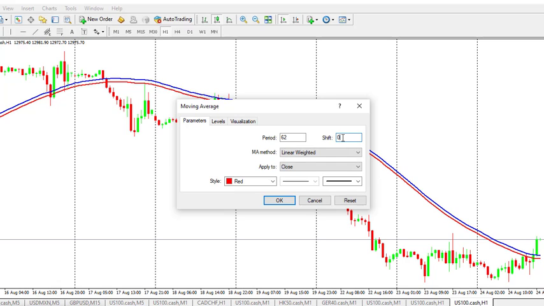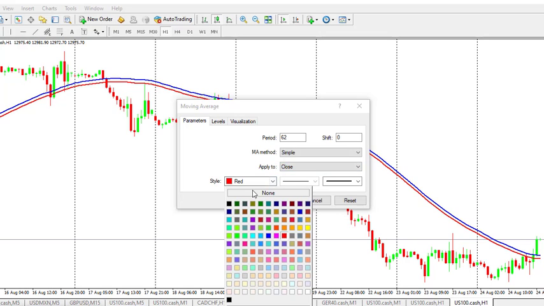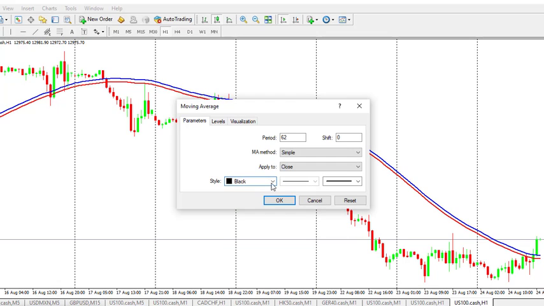Then MA method is simple, apply to close. Then I want to use the color black for this particular MA. So using black, period 62, shift 0, MA method simple, apply to close, color black.